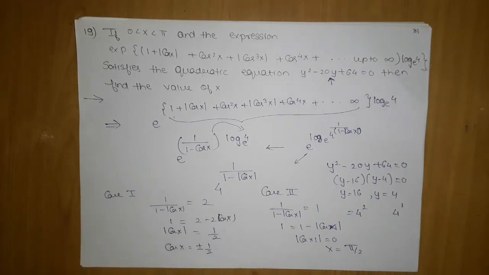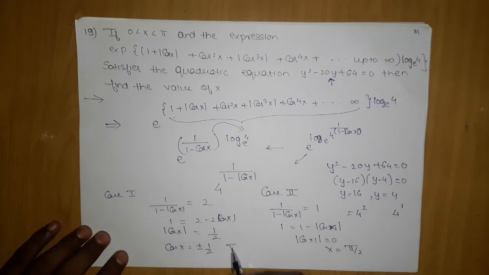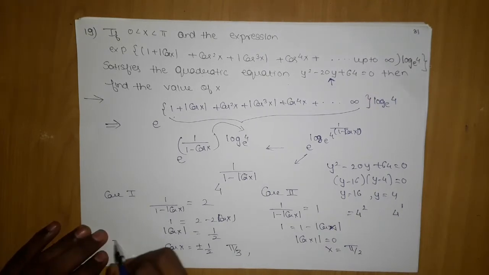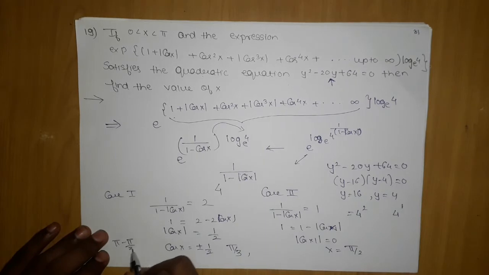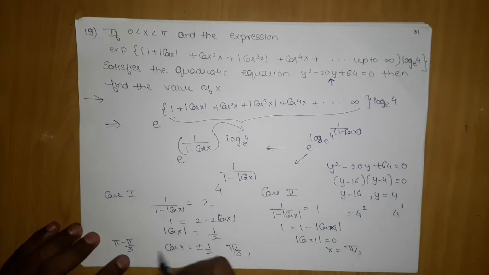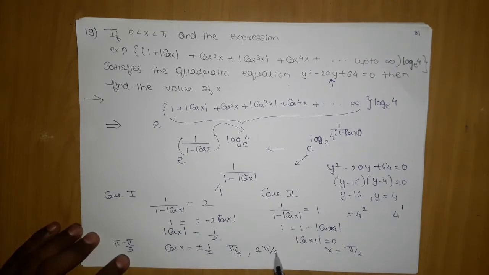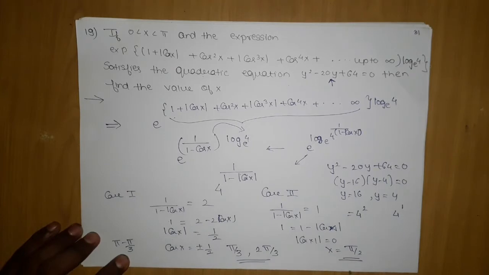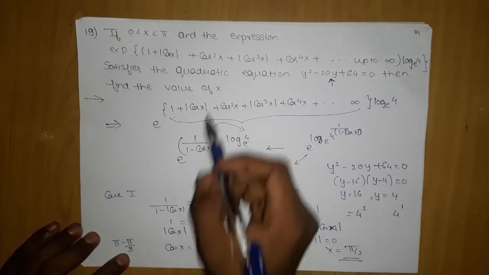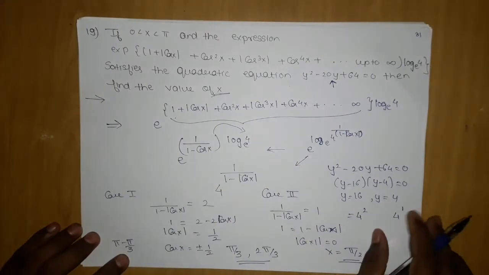Positive, it can be pi by 3, or negative, it can be pi minus pi by 3, which gives me 2 pi by 3. So two answers from here and one answer from here, so in total 3 values of x are possible for this expression.